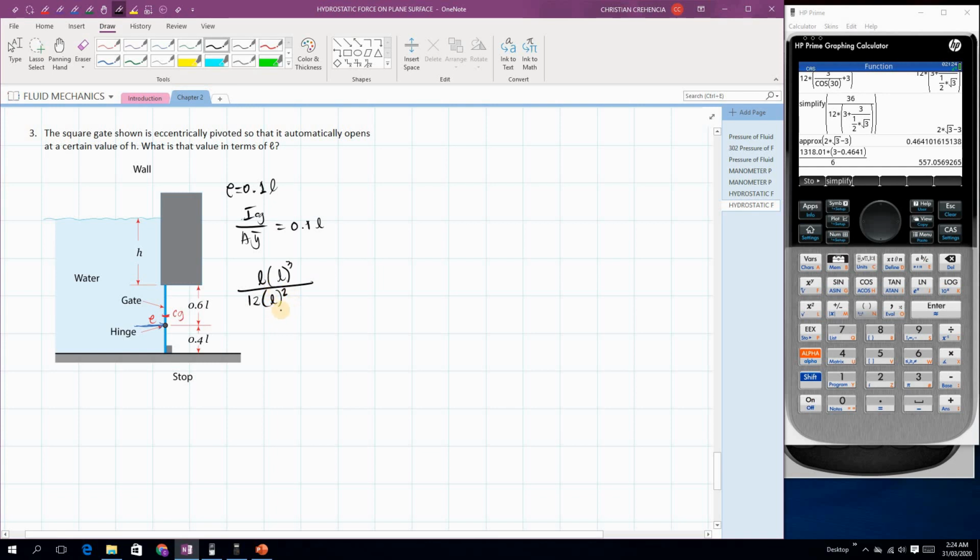Then yung ating y bar is from center of gravity papunta dun sa taas. Okay? So ano yun? That is H plus itong kalahati ng L or 0.5 L. Okay? So that is equal to 0.1 L.